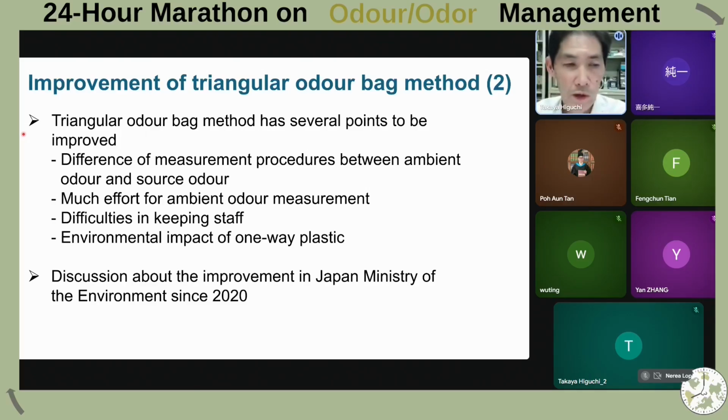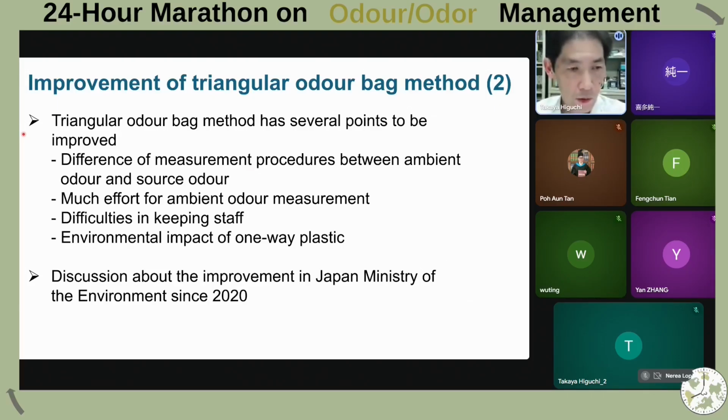And nowadays, keeping the number of staff is becoming difficult. And from the point of environmental impact, much one-way plastic material is used in this method, such as odor bags. So this is one point to be improved.